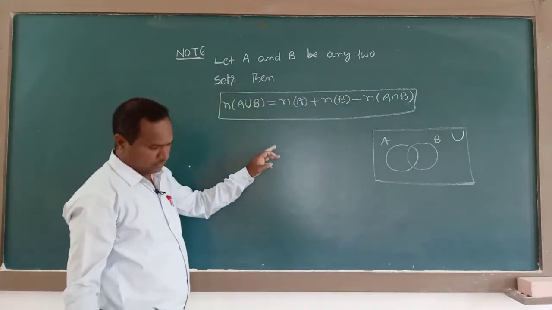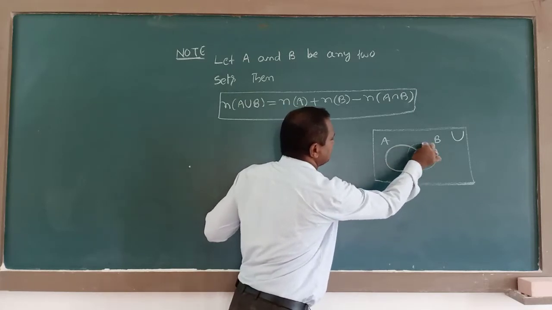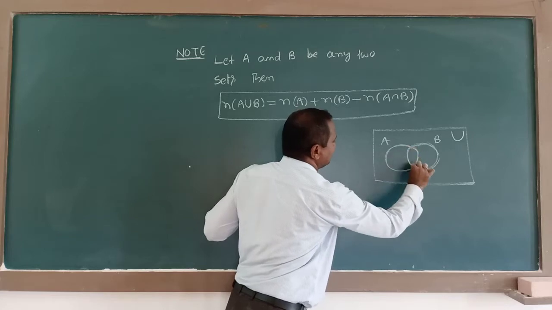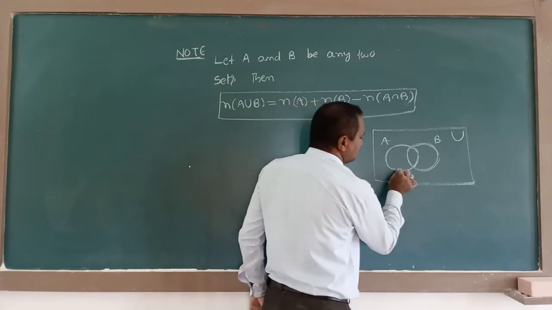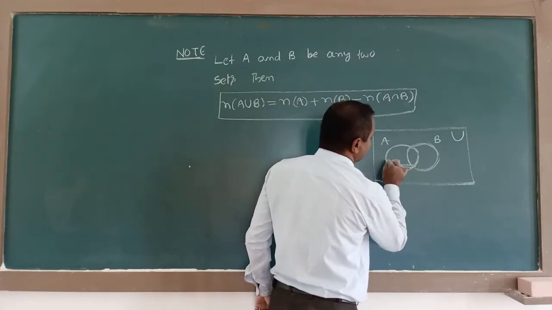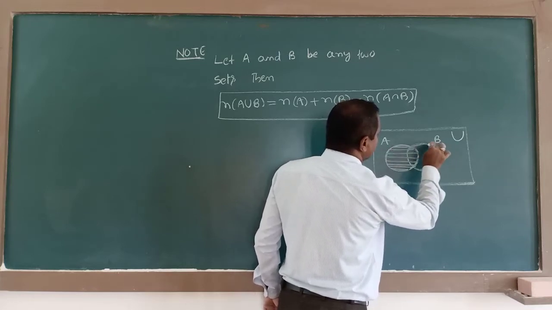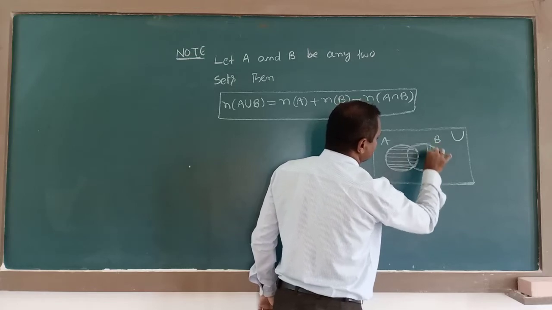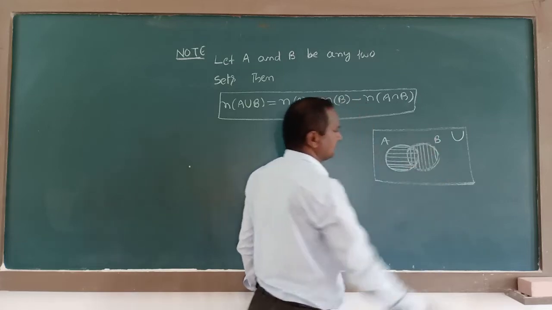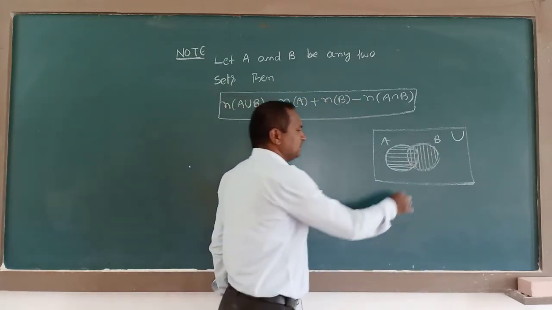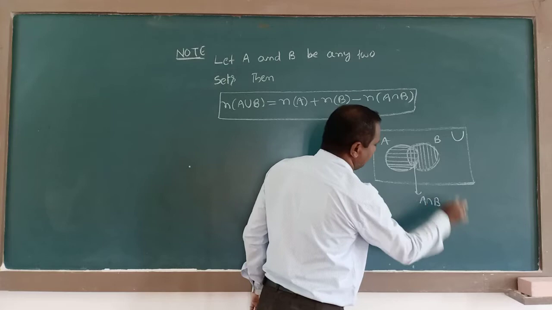N of A means total elements of A plus total elements of B, excluding the intersection. If we represent horizontal lines for set A and vertical lines for set B, where horizontal and vertical lines mix, that is called A intersection B. It is the n of A intersection B.